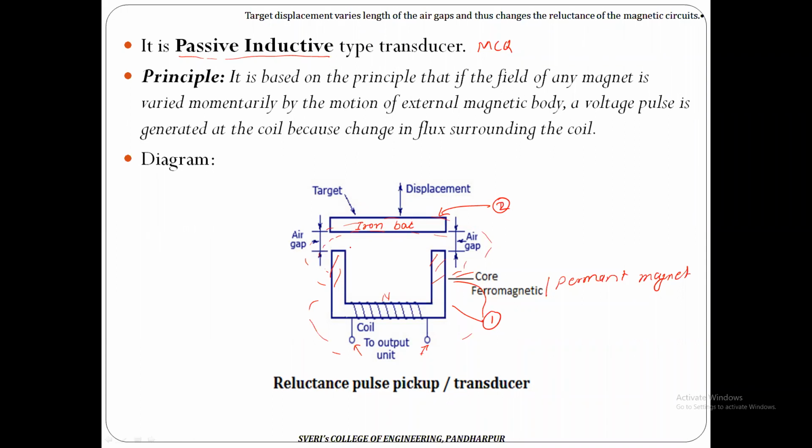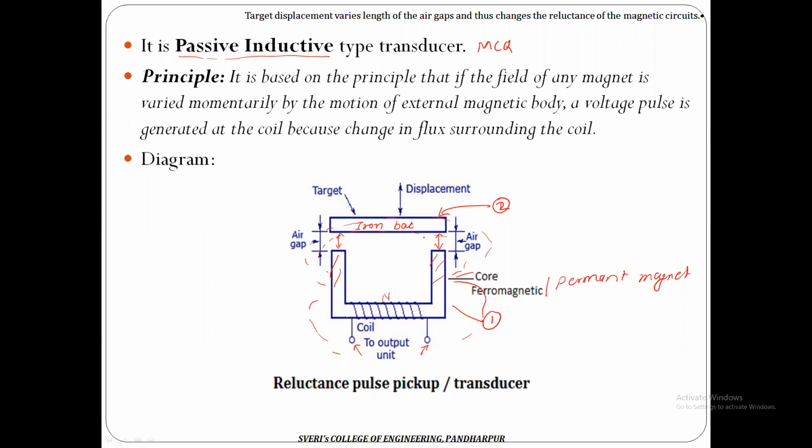If you observe, when this iron bar comes into the magnetic region produced by this permanent magnet, an air gap is produced. This is the air gap between the permanent magnet, the ferromagnetic material, and the iron bar.